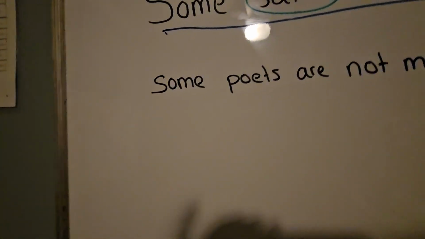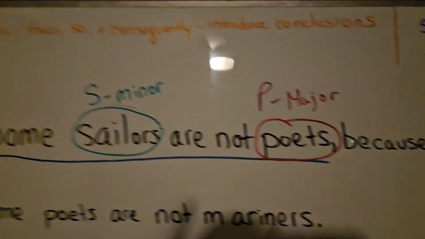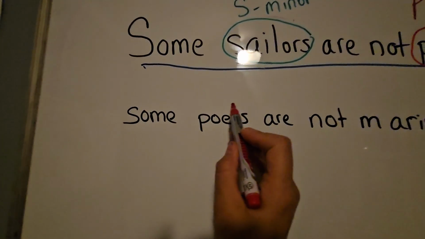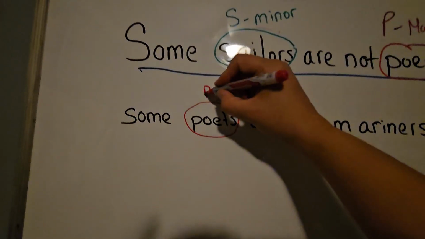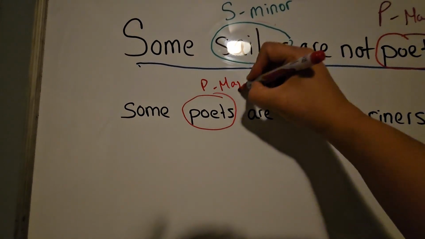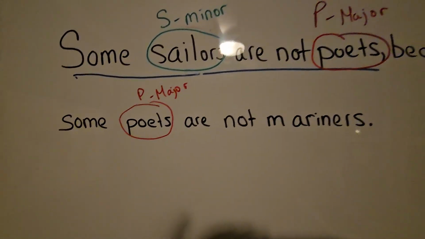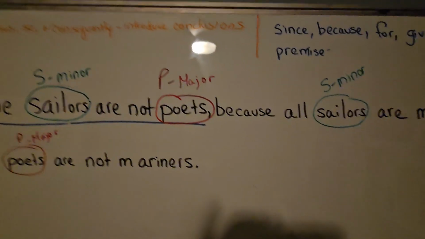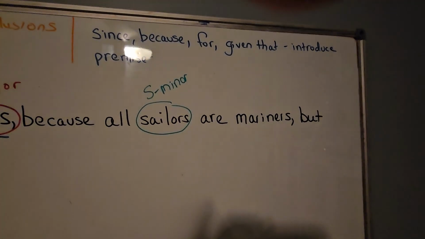If we go back to the major term, which is poets, we want to find it. And right here we have poets. And that is our major term. Now the middle term is the other term that we have to locate. The middle term is always found in the premise, and it will not be in your conclusion.